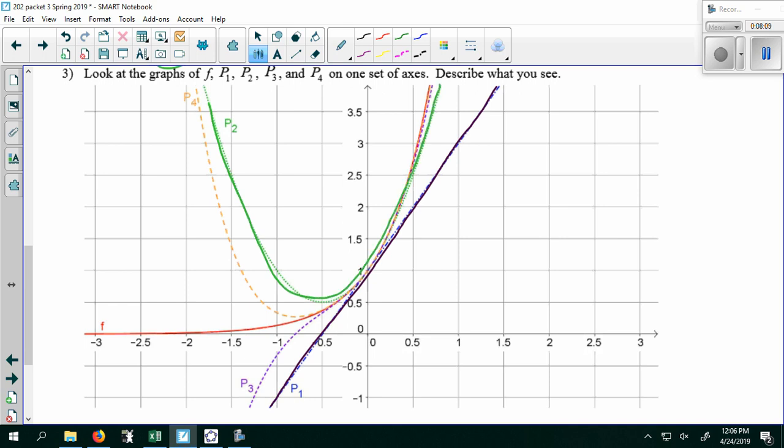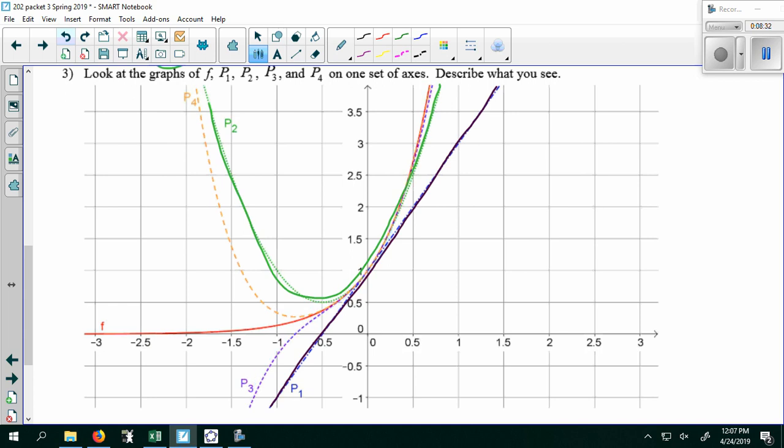And then P3 is this cubic that's a blue dashed. And then lastly, I have P4, which is this quartic in orange.